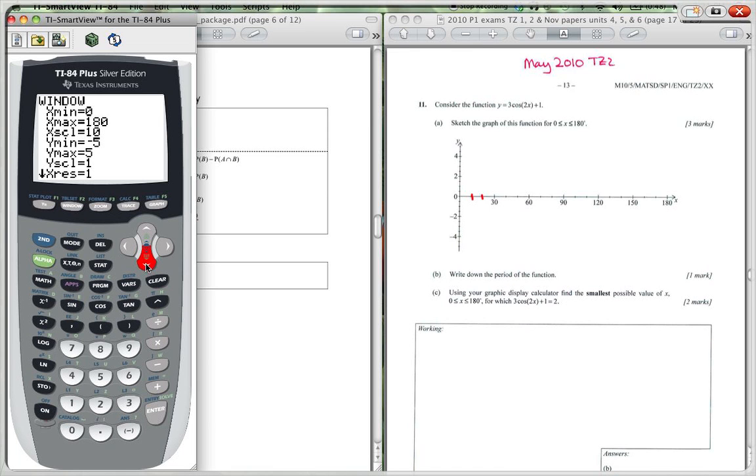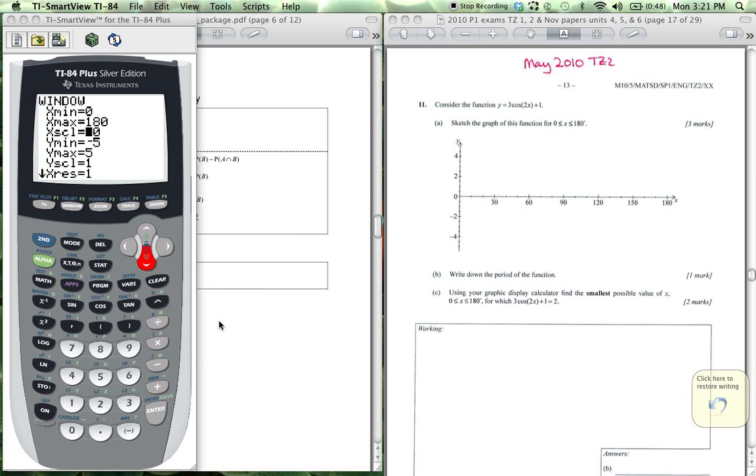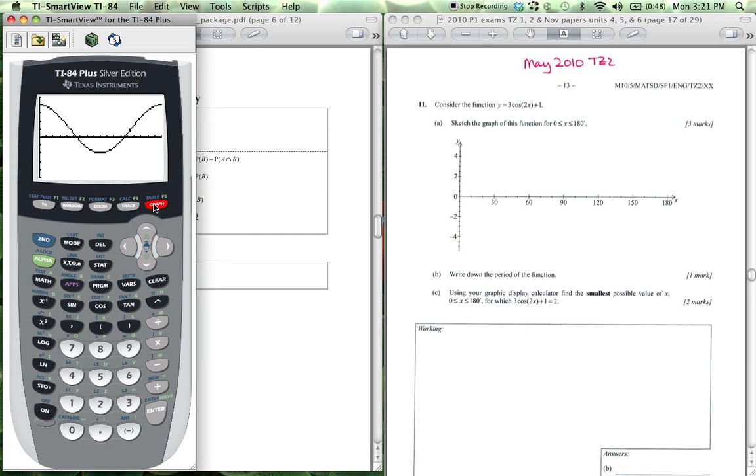My y minimum is going from -5 to 5, and my y scale is going up in ones. Then if I plot it, you see I get this shape graph like that. So that will help you to draw your graph.